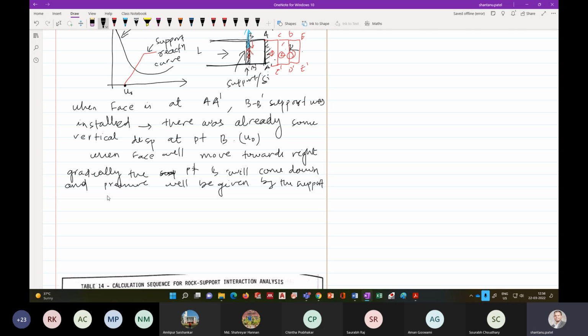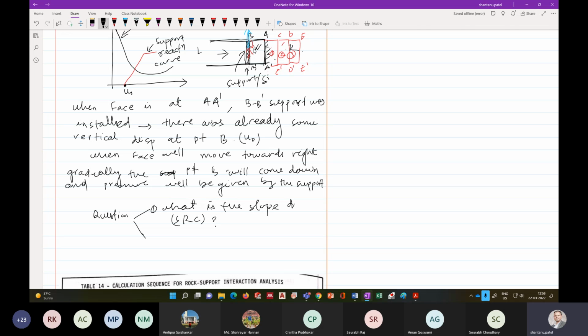Now the question is, what is the slope of this line? First question is, what is the slope of the support reaction curve, SRC?